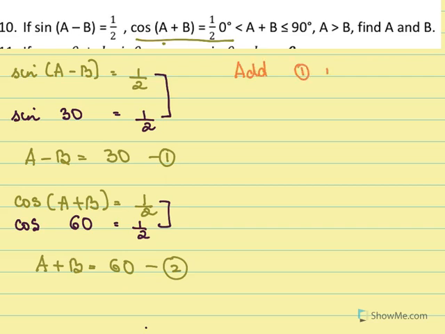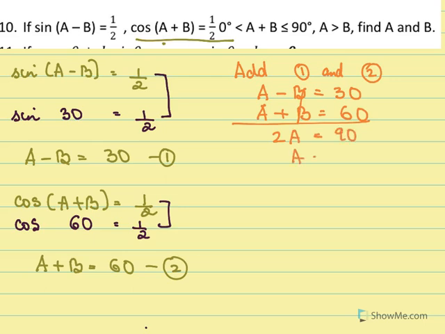We'll add equations 1 and 2. So we have A minus B equal to 30 and here A plus B equal to 60. Adding, 2A is 90. A is 90 by 2, that is 45. Now to find B, we'll substitute the value in any one of the equations.